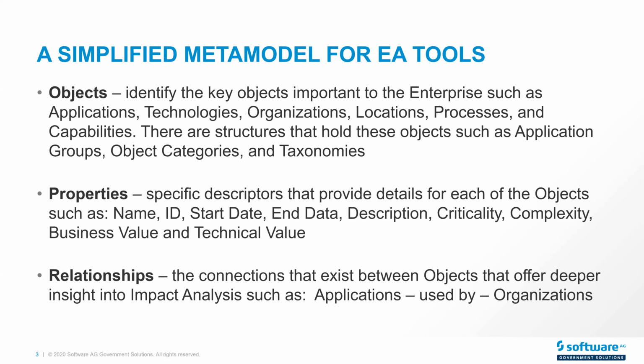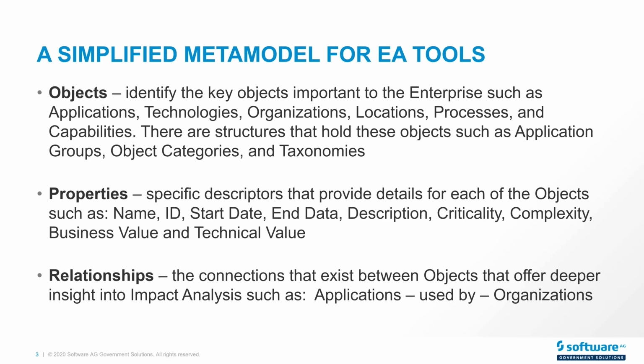And between these objects with all their properties, we have the relationships that connect objects to other objects. And often these relationships hold additional business value because they offer insight into impact analysis, such as what are my applications and how are my applications used by organizations? So that insight would be, if an application goes down, what organizations are impacted by that?